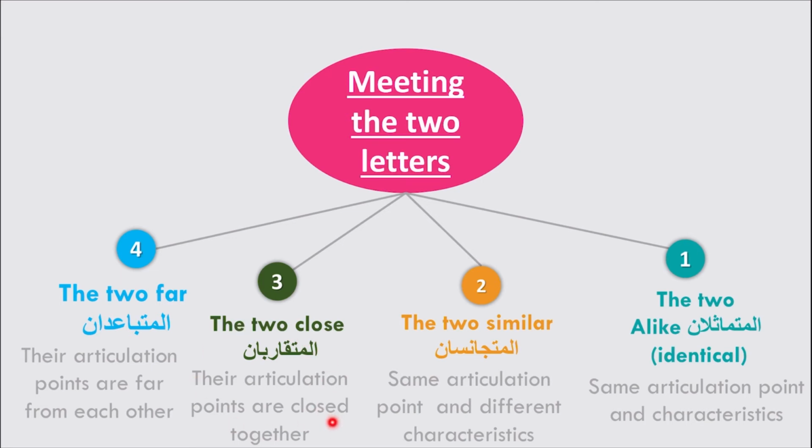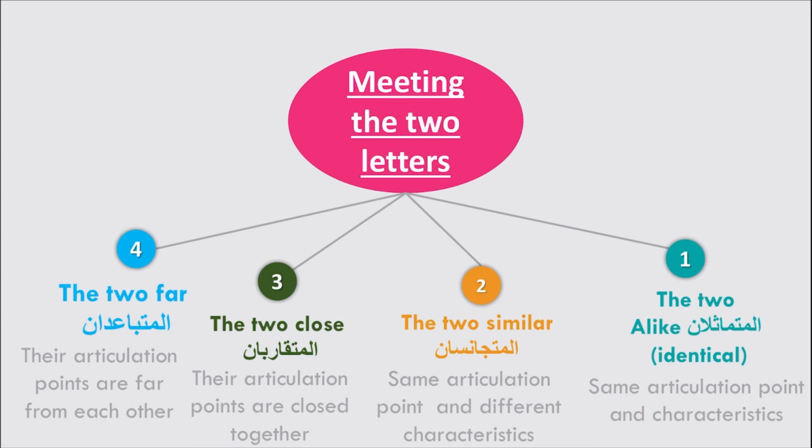That's why it's called the 2 close, al-mutaqariban. And the last one is the 2 far, al-mutaba'idan, where each letter is far away, their articulation points are totally away from each other. So meeting the 2 letters may be the 2 alike, the 2 similar, the 2 close, or the 2 far.